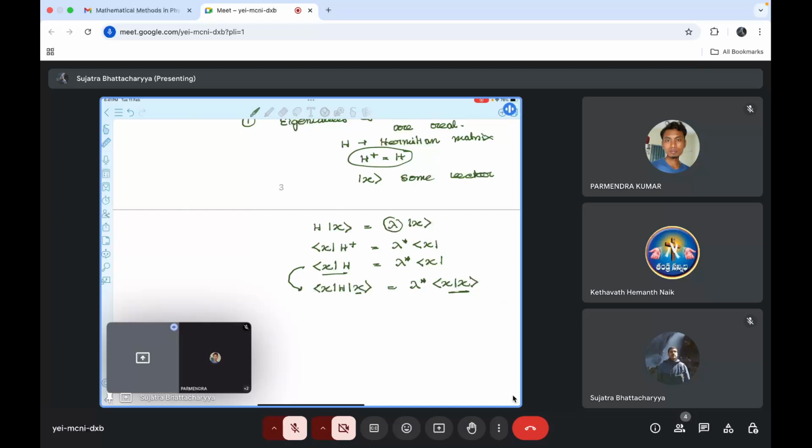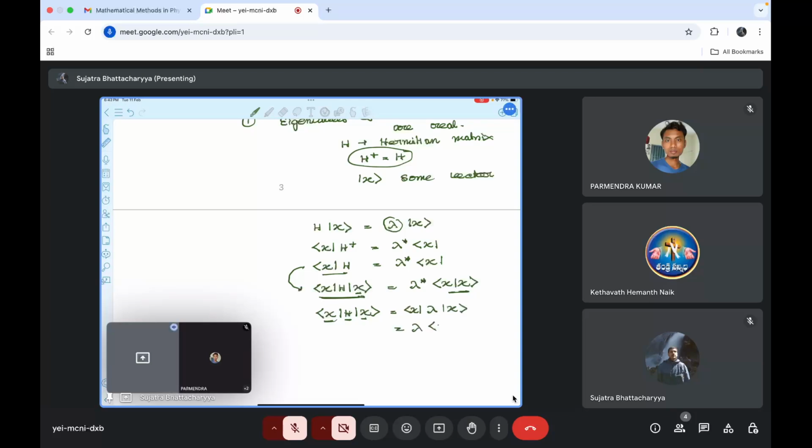That's absolutely fine. But now look at this again: X, H, X. If you operate H on X, you get lambda times X, and the lambda, being a scalar, will come out.